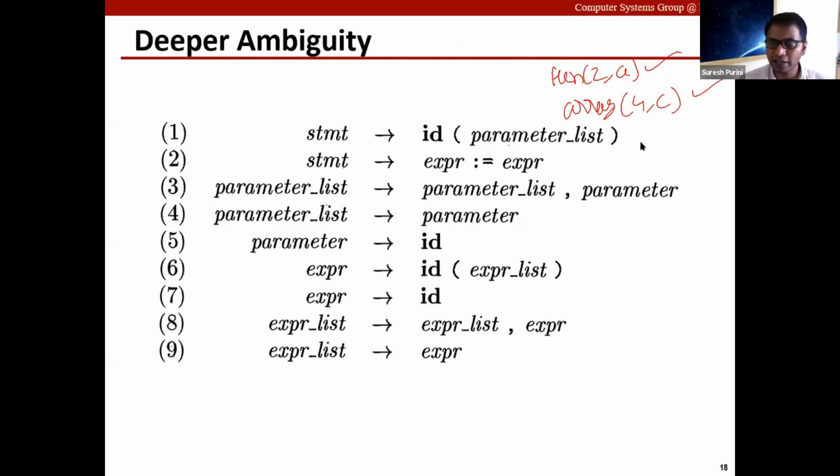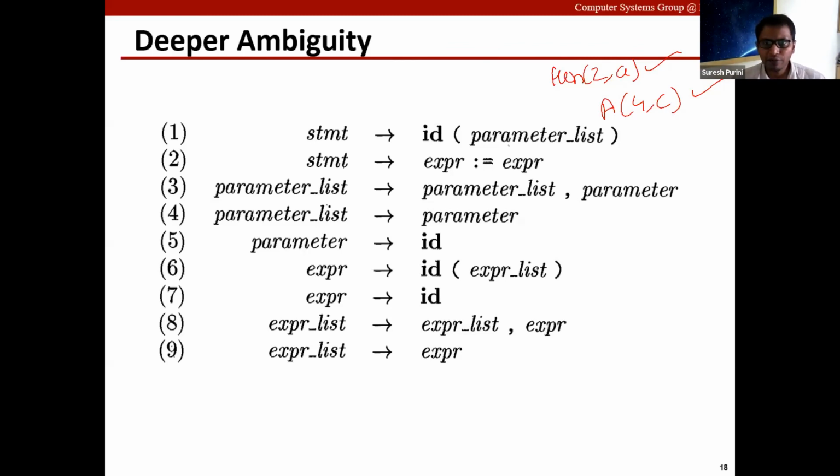In the C programming language, we use square brackets for array indexing. But let's say there is a programming language where parentheses are used for indexing arrays. So when you look at fun(2, A) and A(4, C), you don't know whether fun is a function call or an array index access. Similarly, the case with A.